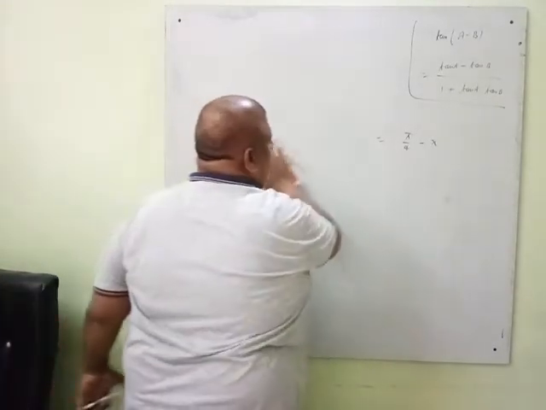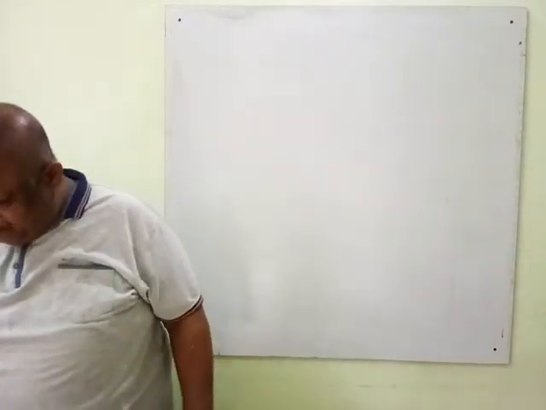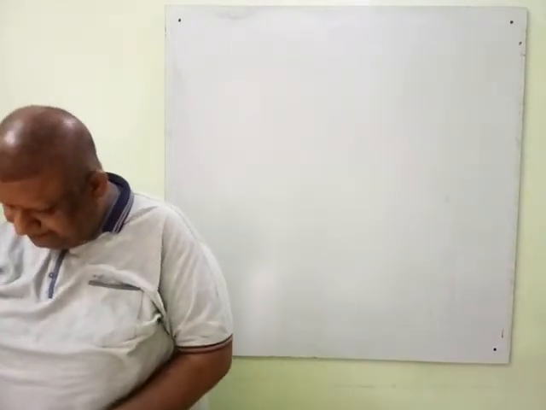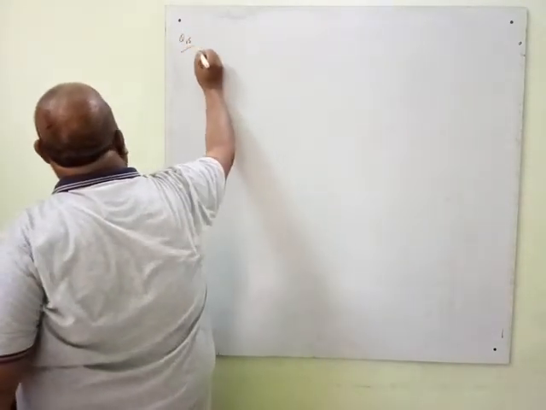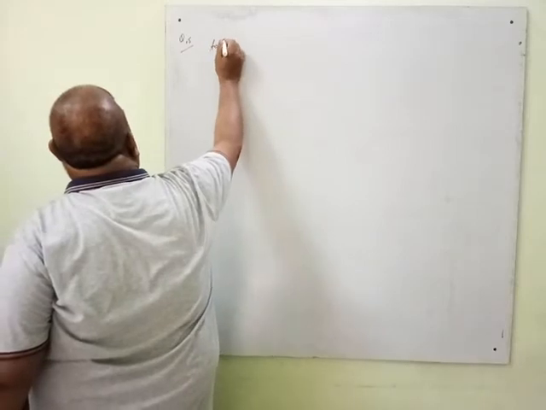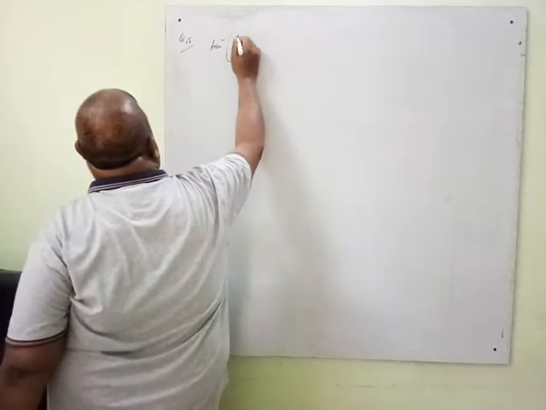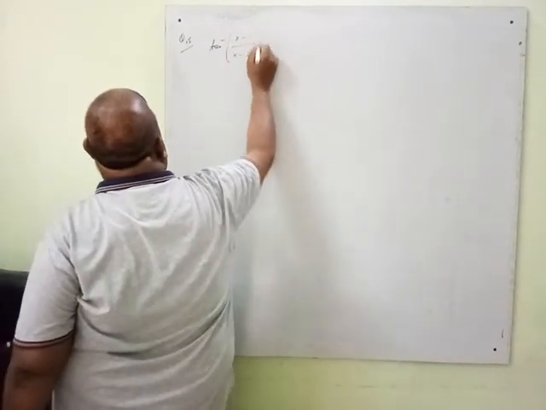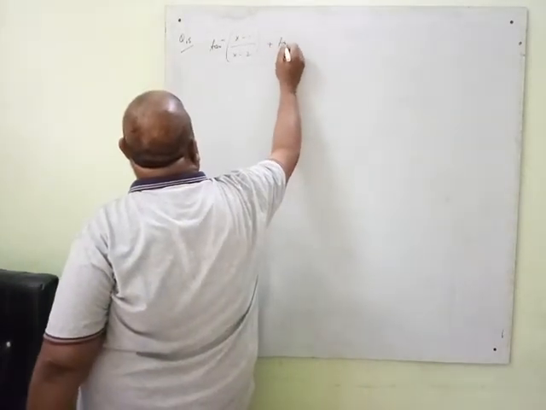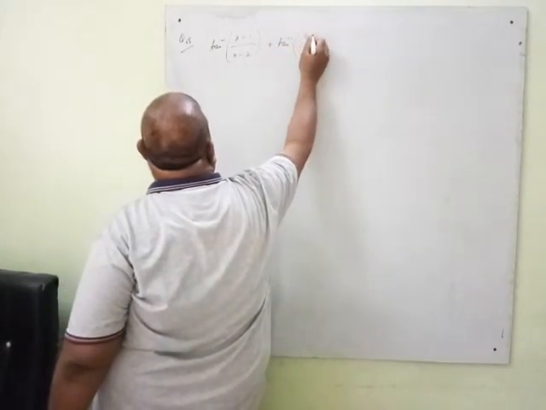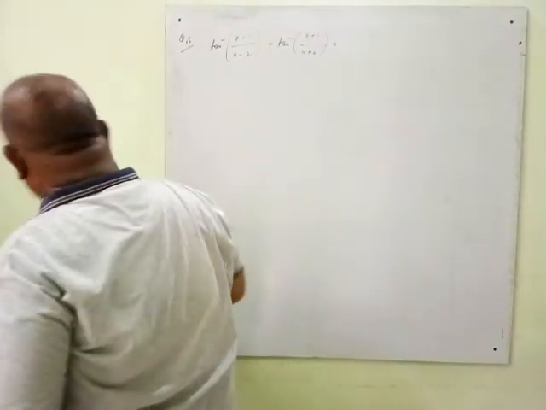Further, I am taking question number 15. Question number 15, this is an equation, it is not an identity. Tan inverse x minus 1 upon x minus 2 plus tan inverse x plus 1 upon x plus 2 is equal to pi by 4.